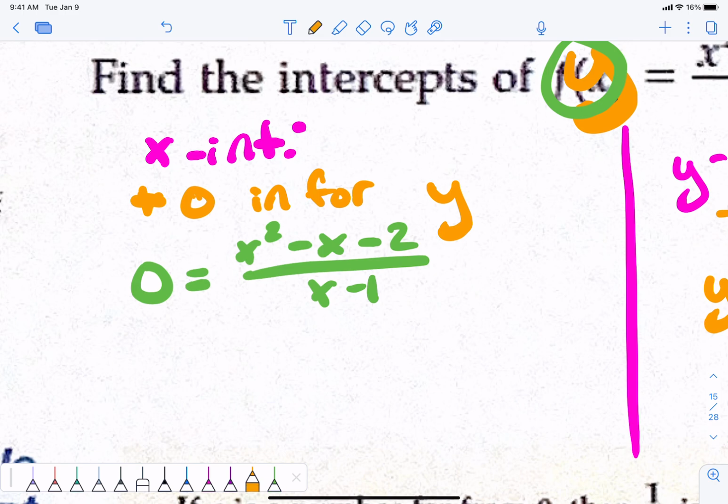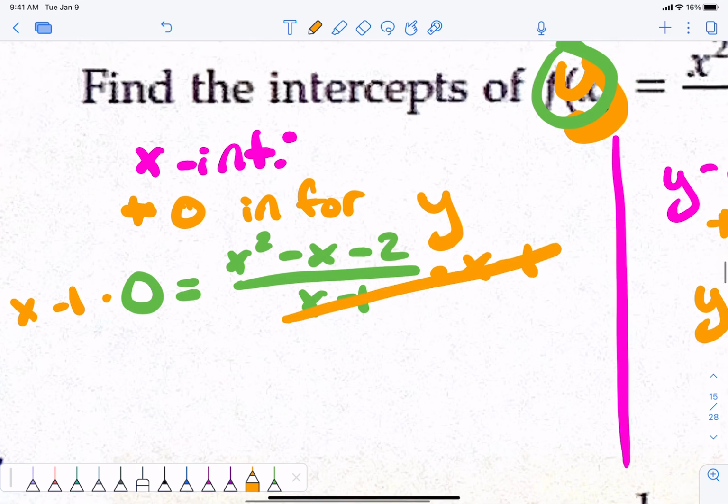Multiply by x minus 1. It just goes away. Every single time you do this and you set it equal to 0 and you multiply the bottom over, the bottom will cancel out because anything times 0 is just 0.